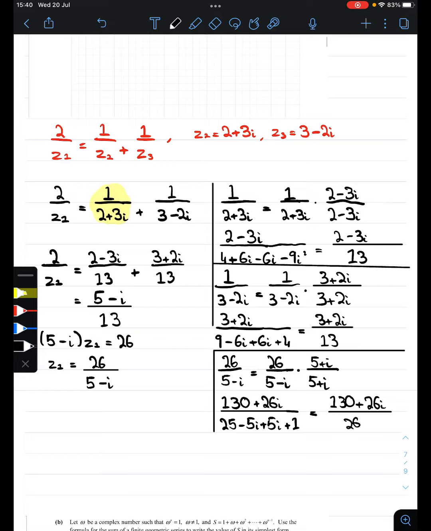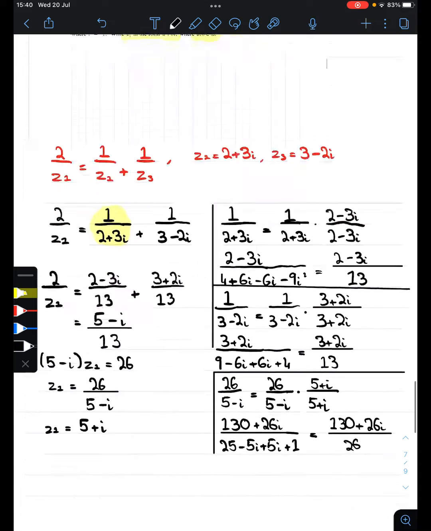And this works very nicely now, because 26 divides into 130 as it does 26. So we can just write this, z1 equals 5 plus i, as 26 into 130 is 5, and 26i is i. So how does it ask us to write the thing?